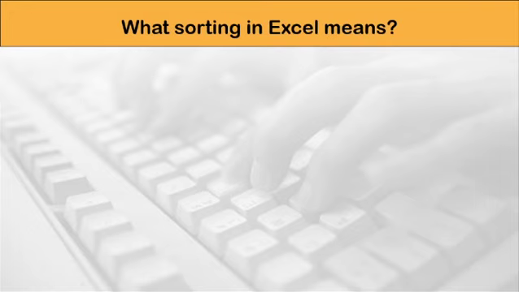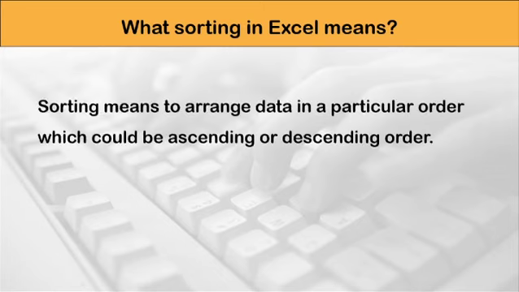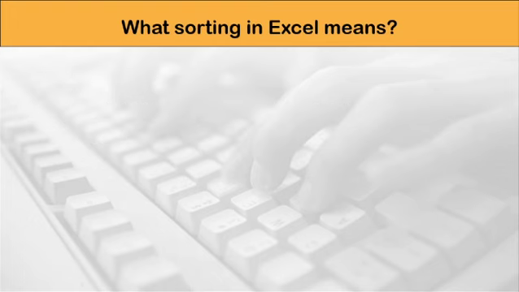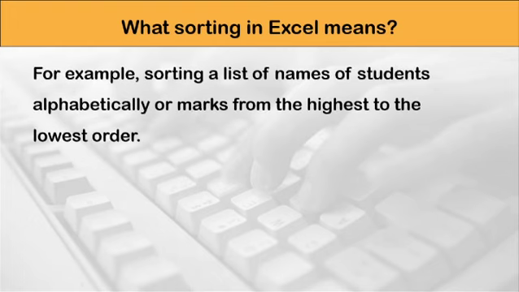Let us start the lesson by understanding what sorting data in Excel means. Sorting means to arrange data in a particular order, which could be ascending or descending order. For example, sorting a list of names of students alphabetically or marks from the highest to the lowest order.